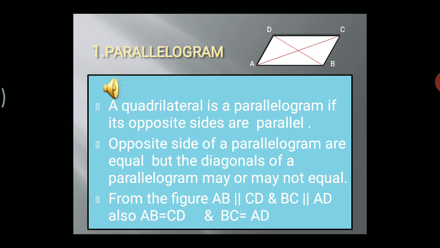You should remember the opposite sides of a parallelogram are always equal, but the diagonals of a parallelogram may or may not be equal. So if we have a parallelogram ABCD, then AB is parallel to CD and AB is equal to CD also, and BC is parallel to AD and BC is equal to AD also.